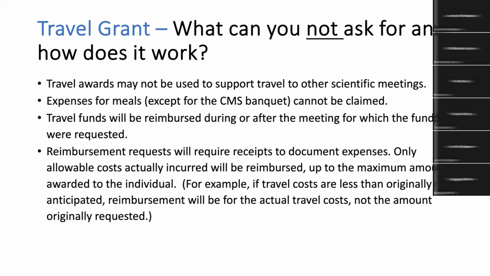One thing we've seen often is that on the application budget, which we'll get to, sometimes it's not clear. We really want people to document their expenses and then make sure they're showing what part of that expense they're asking for the award.